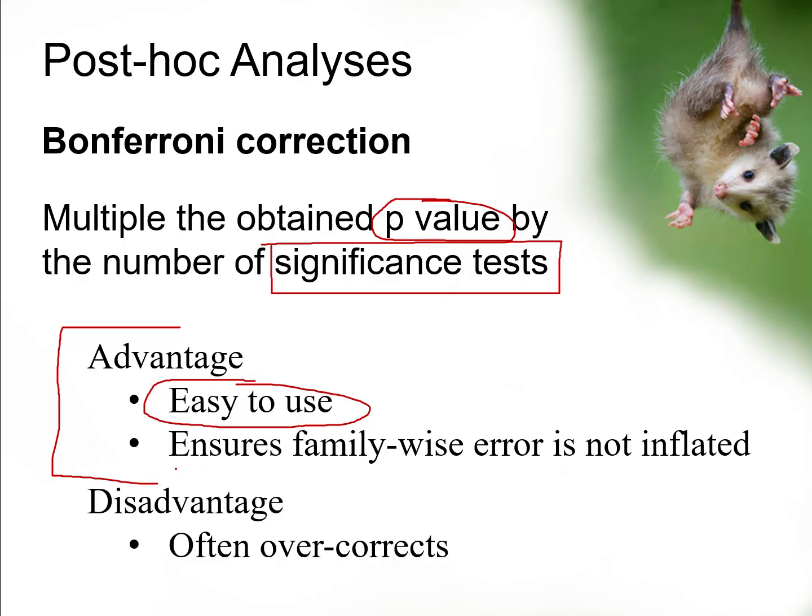Another big advantage is that this procedure ensures that your family-wise error rate is not inflated. Recall when I talked about that Fisher least significant difference procedure, that procedure didn't fully protect us against family-wise error. But with a Bonferroni correction, that will definitely fully protect us.